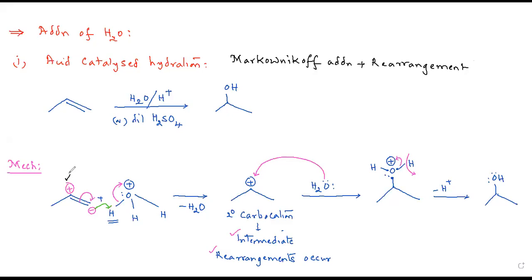You have to form a positive charge on the secondary carbon, because here you got 2 degree and 1 degree. Go for the 2 degree one, because it gives you the more stable carbocation. Don't go for the primary one. So that gives us the regiochemistry. Of course, because the intermediate is a carbocation, you will always have rearrangement. We'll take one example.